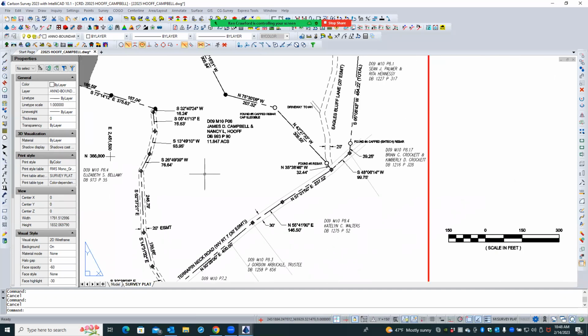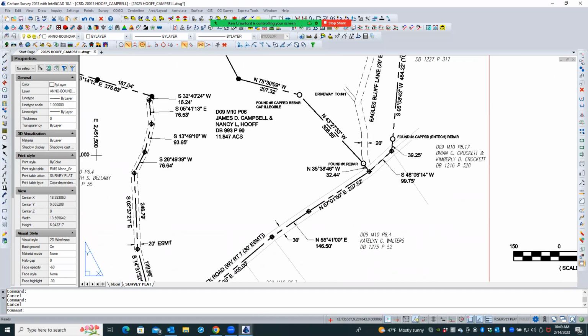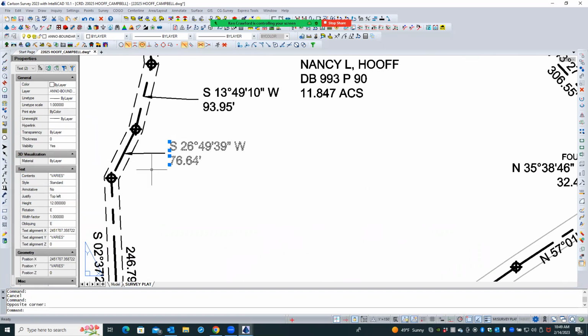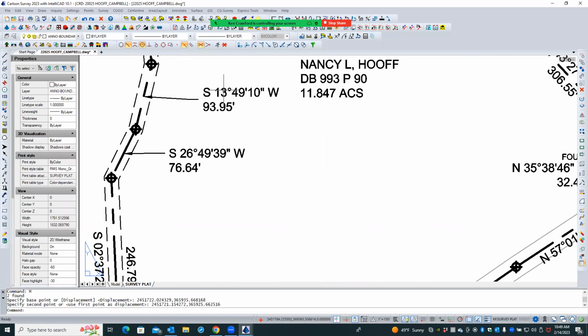All righty. And I would very possibly consider, I'm going to put this down opposite the start of these.